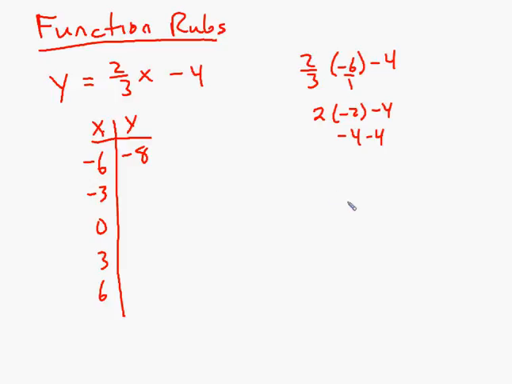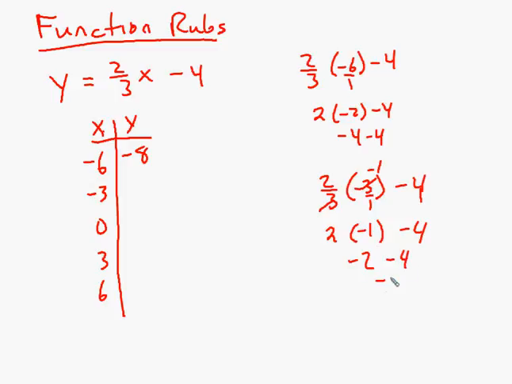Then I'll do the same thing for -3, so I have 2/3 times -3 minus 4. Put that over 1. Cross cancel. And what do I get when I cross cancel? -1. Okay, -1, they cross cancel. And then 2 times -1 is -2, and then -2 minus 4 is -6. So I get -6 here.